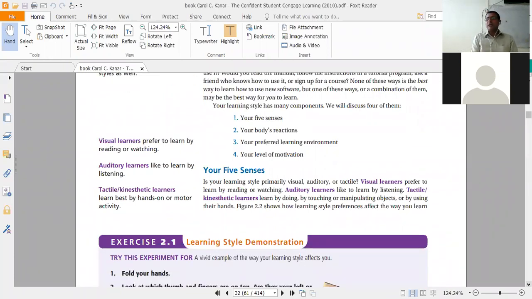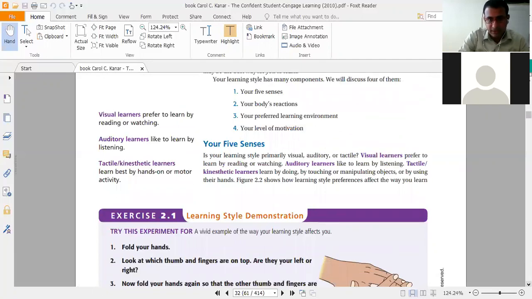So whether you are a visual learner, auditory learner or kinesthetic learner, तो आपके जो five senses हैं, ये जो five senses हैं, they play a very important role in your learning. Is your learning style primarily visual, auditory or tactile? Visual learners prefer watching, auditory by listening, tactile by doing or touching or manipulating objects by using their hands.